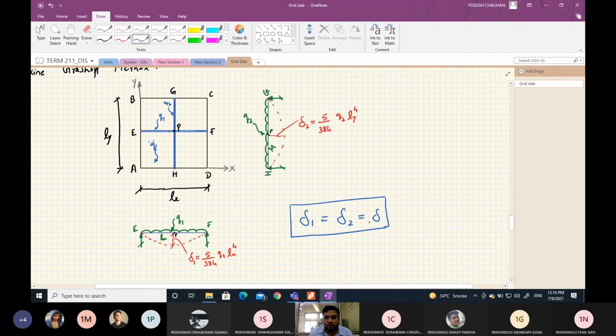So deflection at midpoint, deflection of both the strips should be same. This is Rankine-Grashof method.